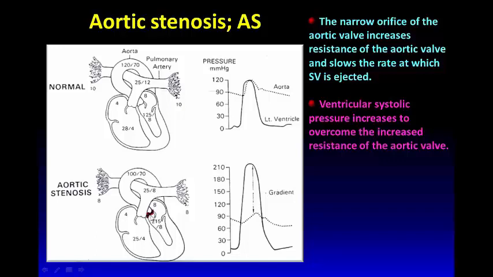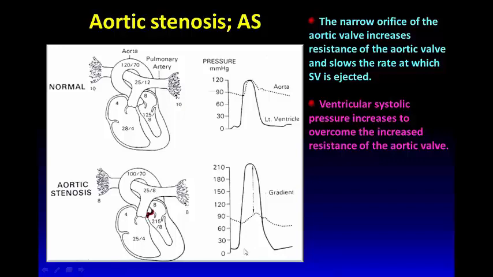However, the ejected stroke volume is obviously lower than in normal subjects with a normal aortic valve. As a result of the harder work of the left ventricle to overcome the increased resistance of the aortic valve, left ventricular systolic pressure increases.